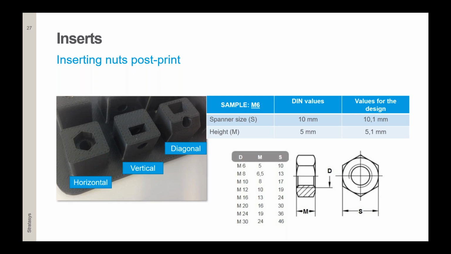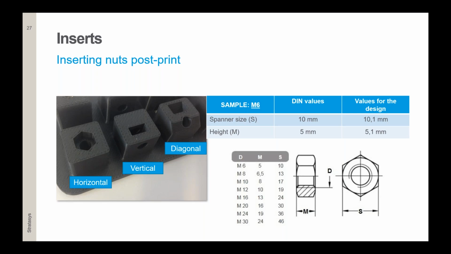However, due to shrinkage of the material after layering, we cannot use standard values. Standard DIN values do not apply here. So as a simple rule, adding a 0.1 millimeter clearance is usually enough to design those slots.